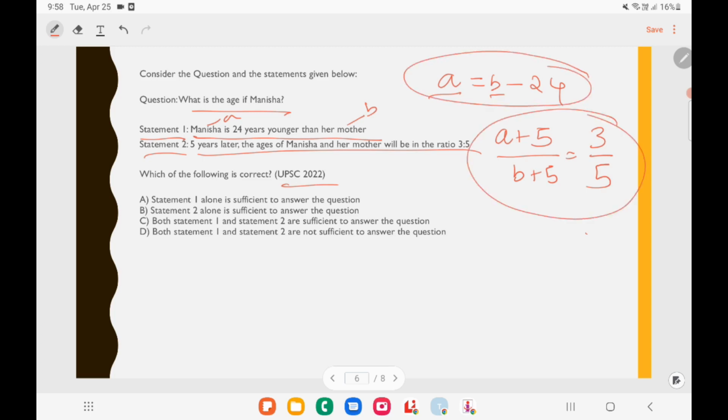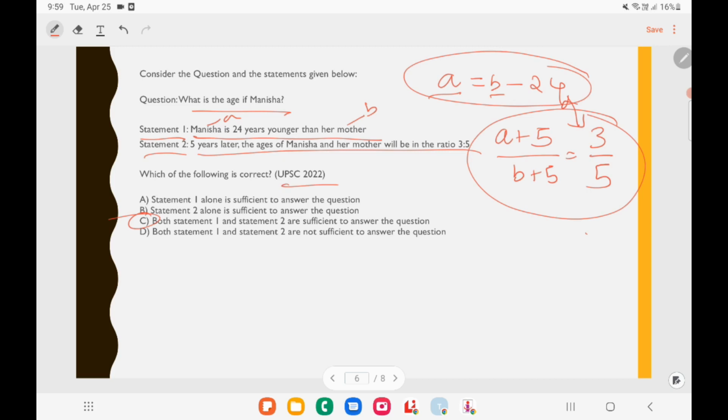So if you have two equations and two variables, you will be able to solve this. So you need to just check whether you are able to solve this. So by actually solving these two equations, you can find out the age of Manisha and her mother. So using statement 1 and statement 2, you are able to find out the answer. So they are both sufficient. So C is the right answer.